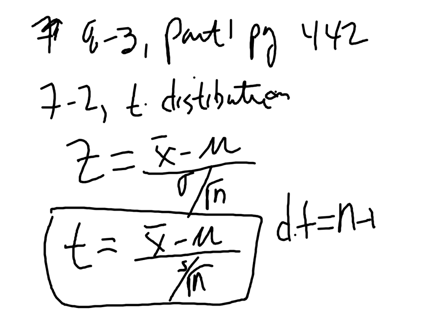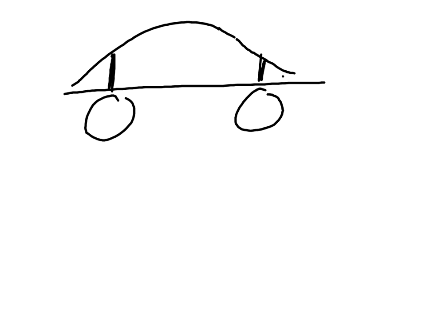Okay, so the first thing, instead of what we learned in chapter 6 and 7, for example, let's just say chapter 7, we learned in chapter 7 that when we were dealing with a confidence interval, we had values for the tails.